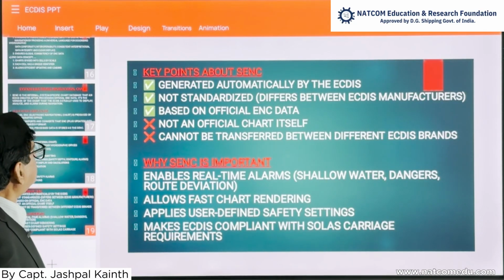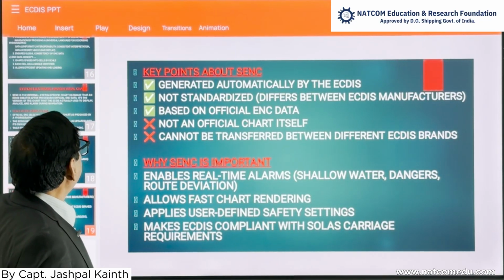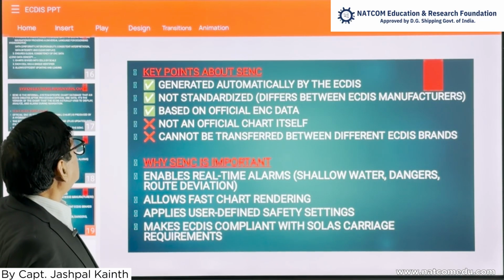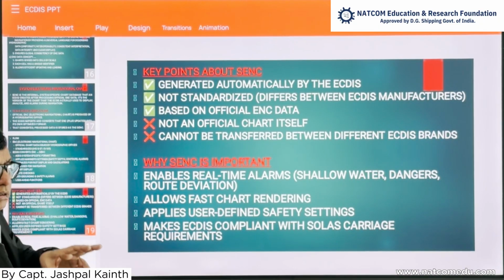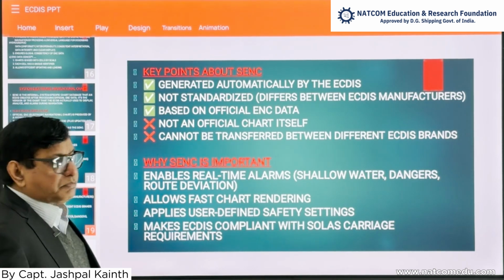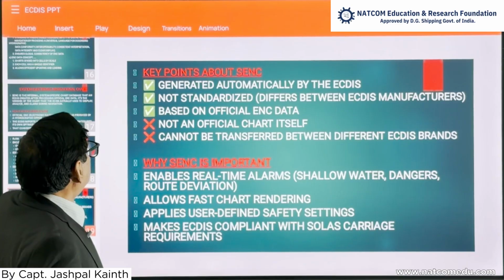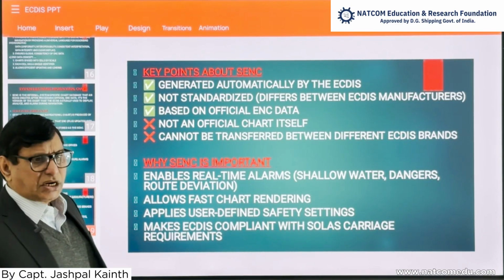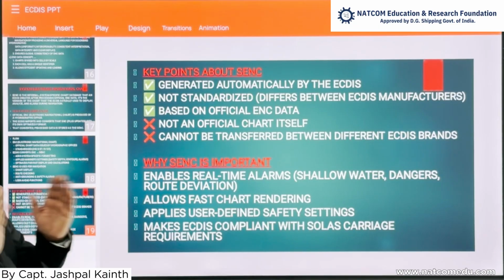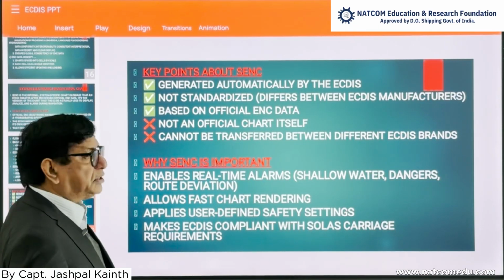Let us go to the last topic, the last slide. What are the key points about SENC? They are generated automatically by ECDIS. Once you load the ENC data, they are automatically generated in the ECDIS. Not standardized, differs between ECDIS manufacturers. That means every manufacturer has their own software for generating the SENCs.